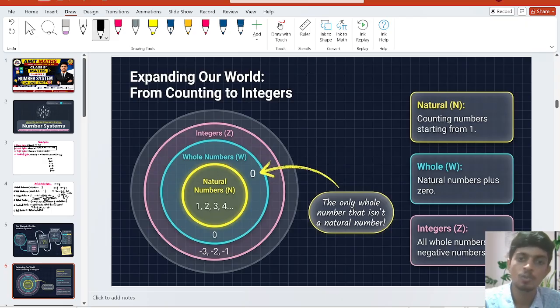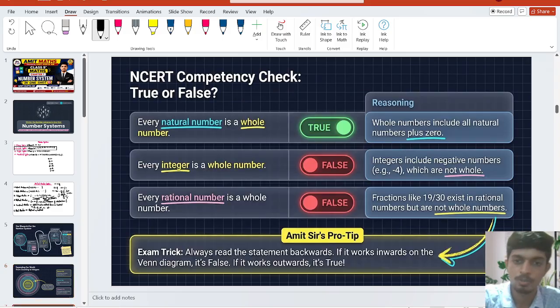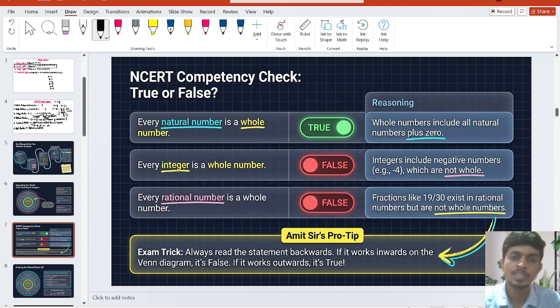So 0 is the only whole number which is not a natural number. But every whole number except 0 is a natural number. Is it clear to you? Next, for questions of this type, like every natural number is a whole number, here you use an exam trick: always read the statement backward.